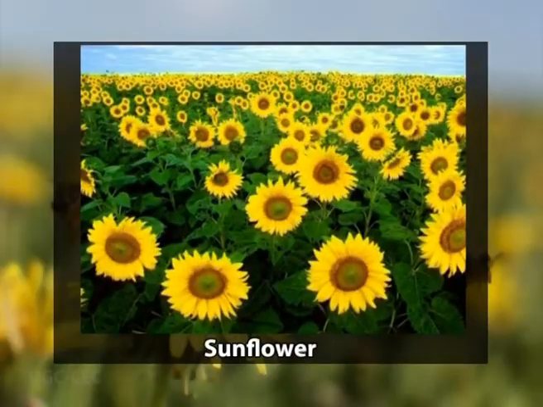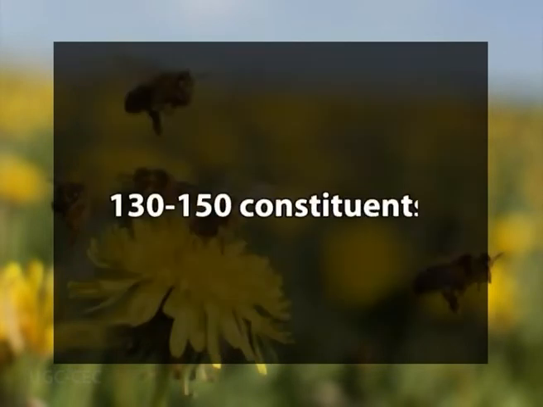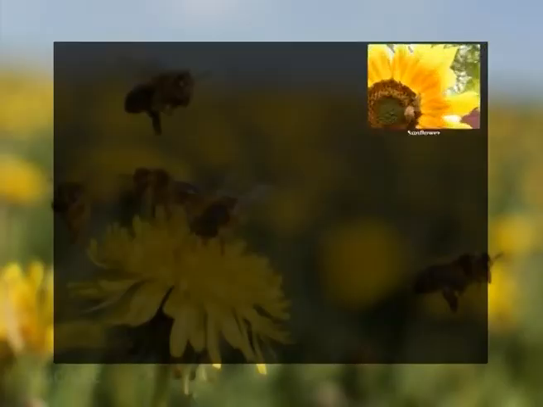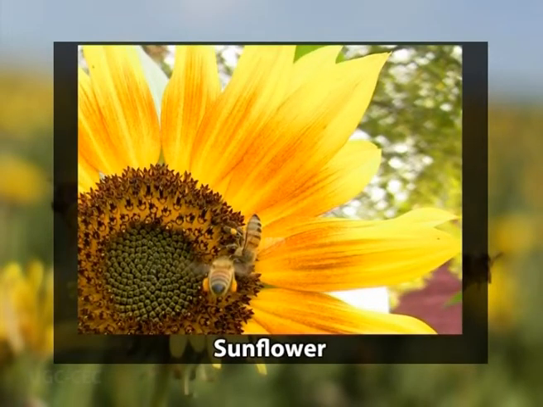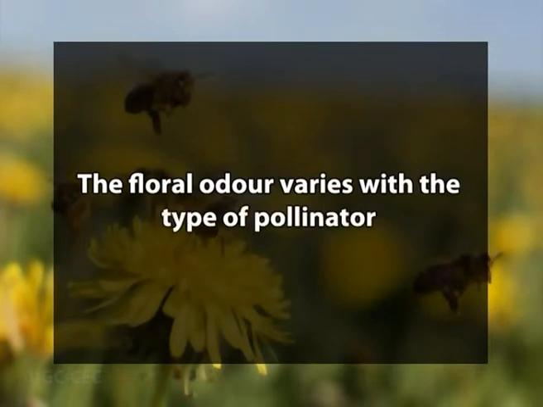It is pertinent to mention that the scent may comprise a few to hundreds of components, of which not all are important as signals to pollinators. For example, in sunflower, the scent is composed of about 130 to 150 constituents, of which only 30 are necessary to produce the characteristic sunflower odor perceived by the honeybees. The floral odor varies with the type of pollinator.